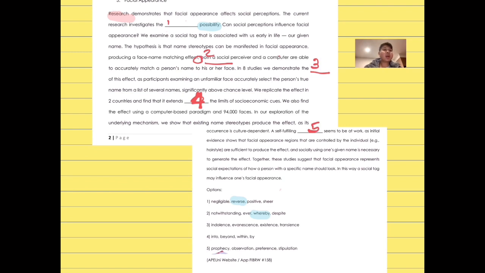The third one, we have to go with the noun, the existence of this effect. Number 4, we have to go with collocation. It extends beyond the limits. And the last one, collocation or idiom as well, a self-fulfilling prophecy.